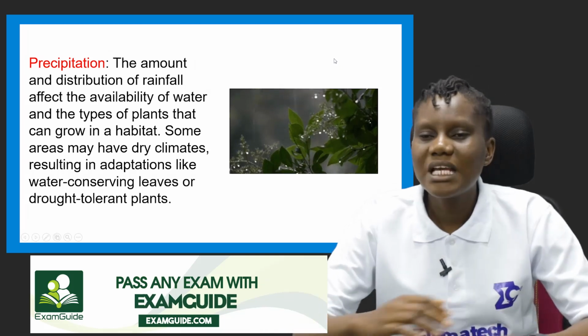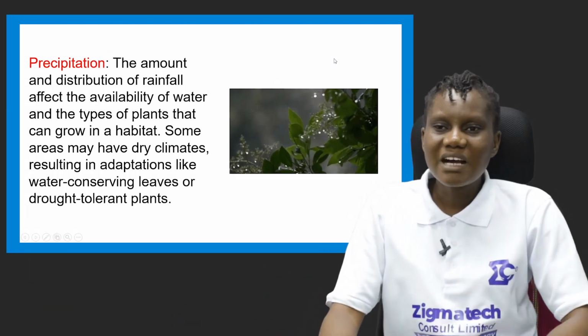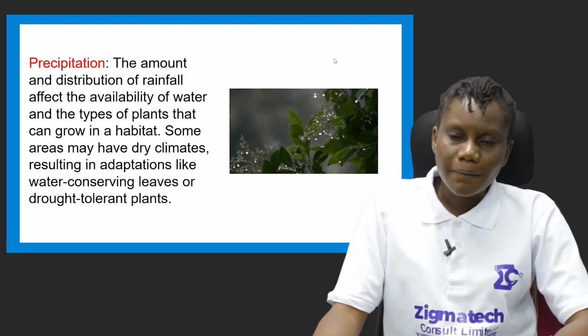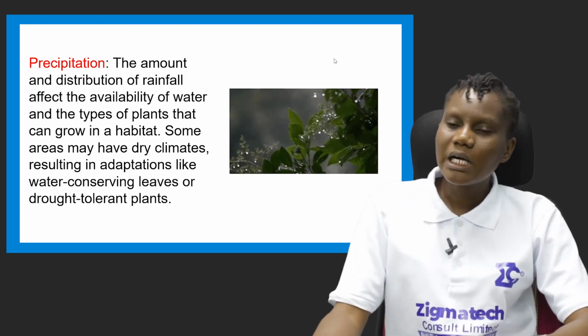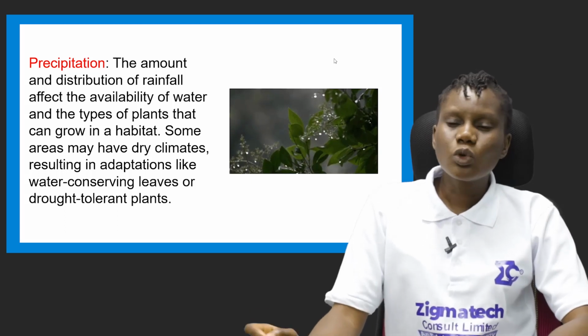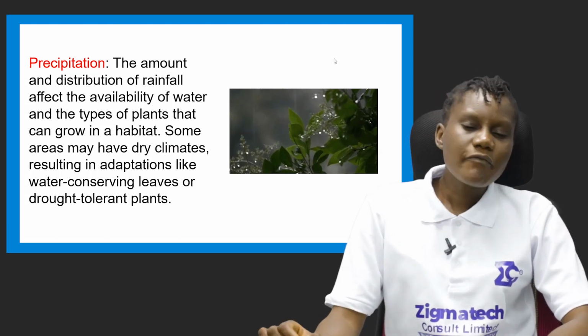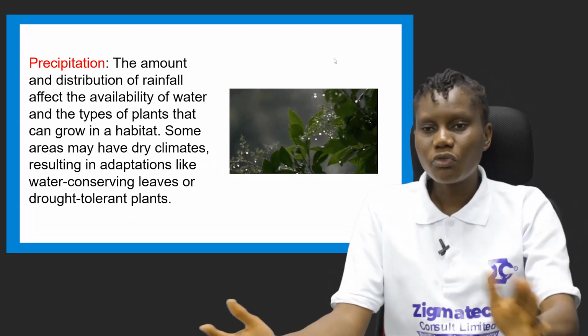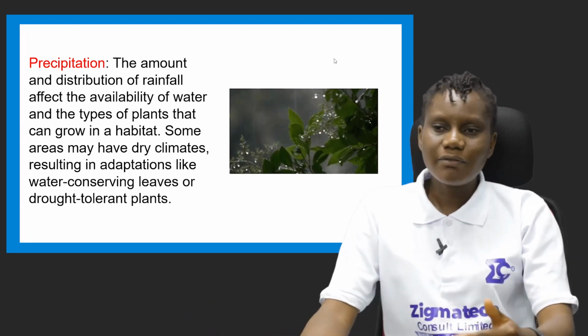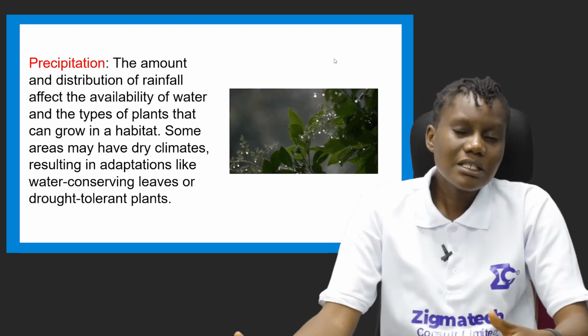Precipitation, the amount and distribution of rainfall, affects the availability of water and the types of plants that can grow in our habitats. By now you know that water is one of the necessities of every habitat: water, food, and shelter. So precipitation, that is the distribution of rainfall, can affect the availability of water. In the desert now, there is lesser rainfall.